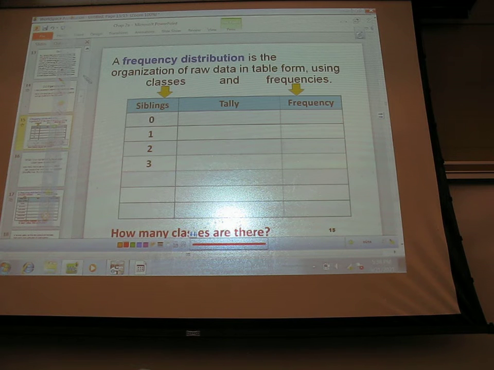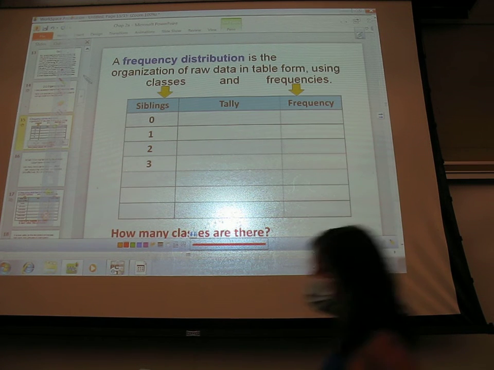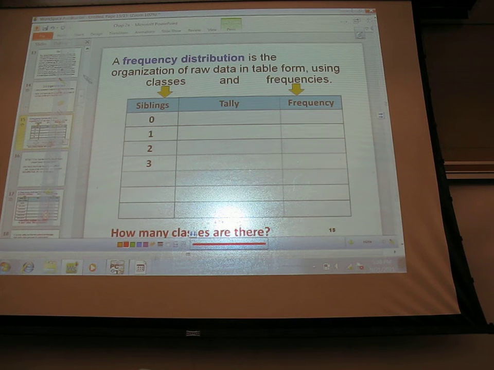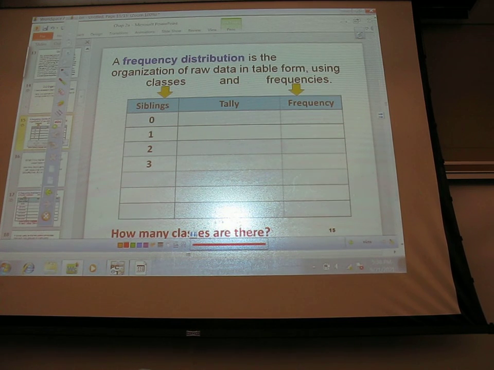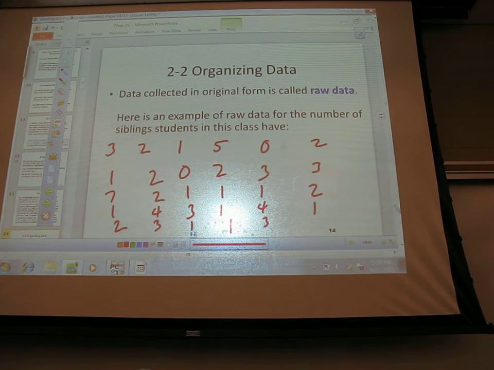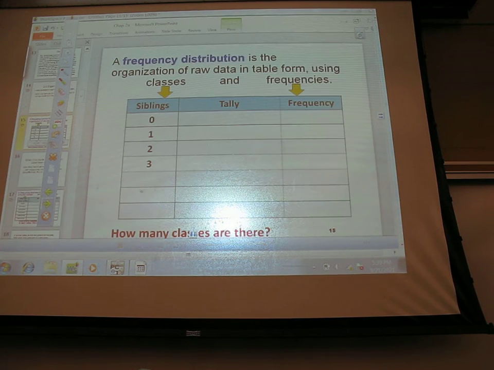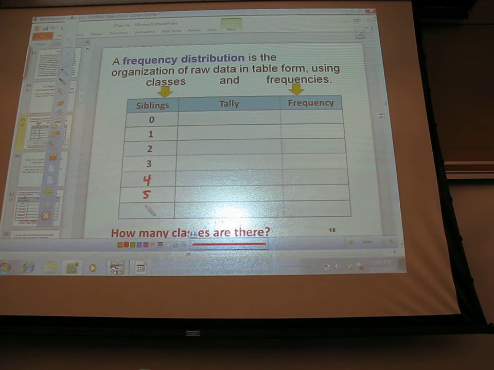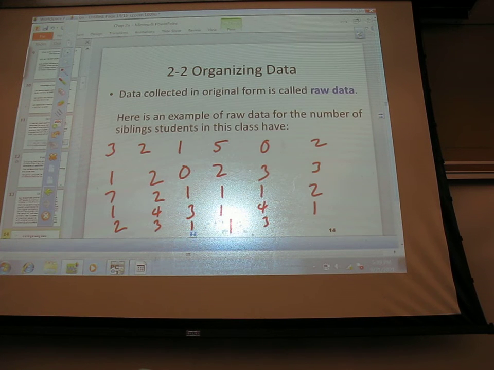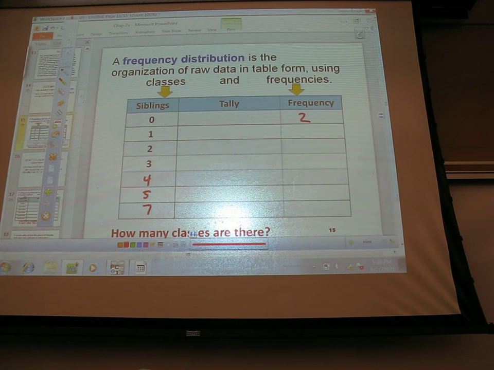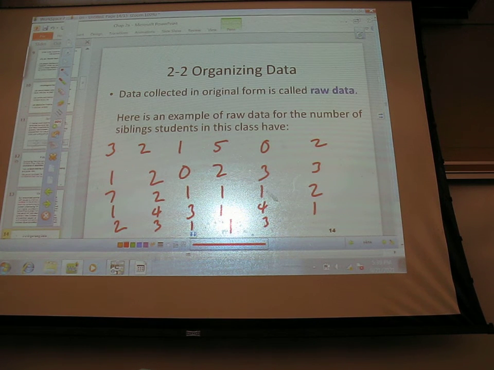So let's see, what do we have? We've got 0, 1, 2, 3, 4, 5, 7. Okay, good. So I've got 2 zeros. I've got 9 ones.